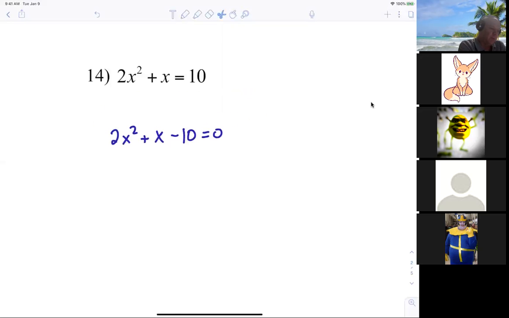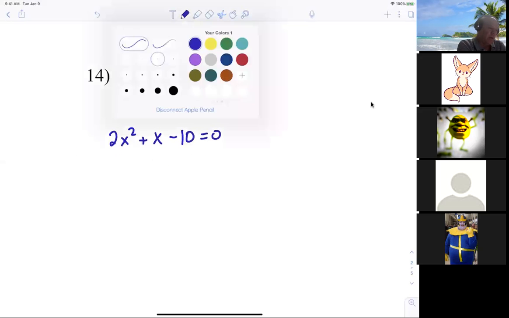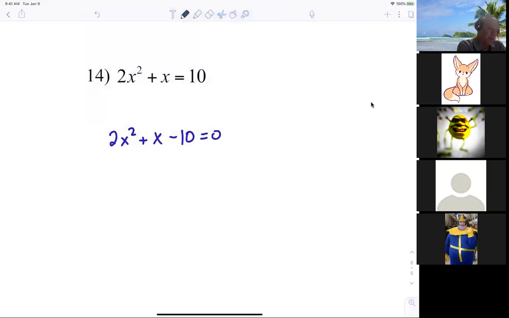All right. Now, I know I told you this a long time ago, and not many kids remember this, but I want to determine whether or not it can factor. So if it can factor, what you have to do is you always take the first term, multiply it by the third term. That's negative 20.